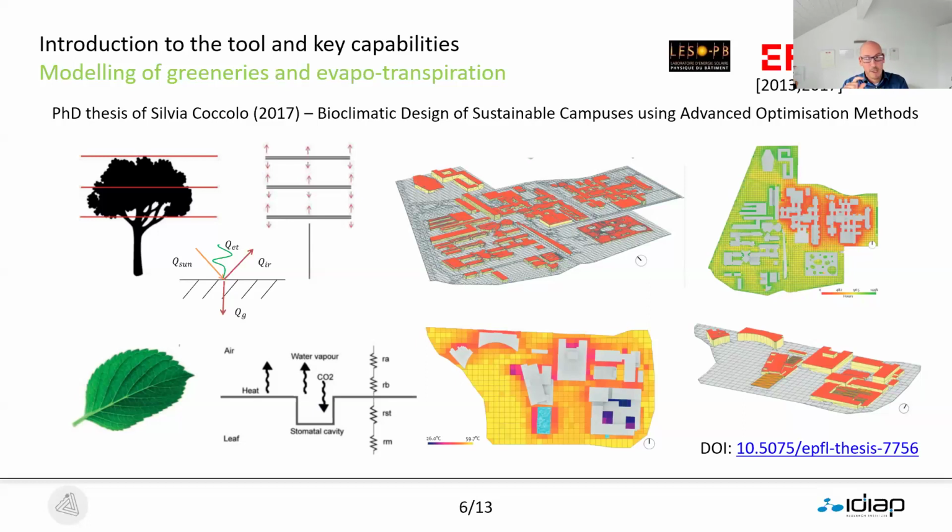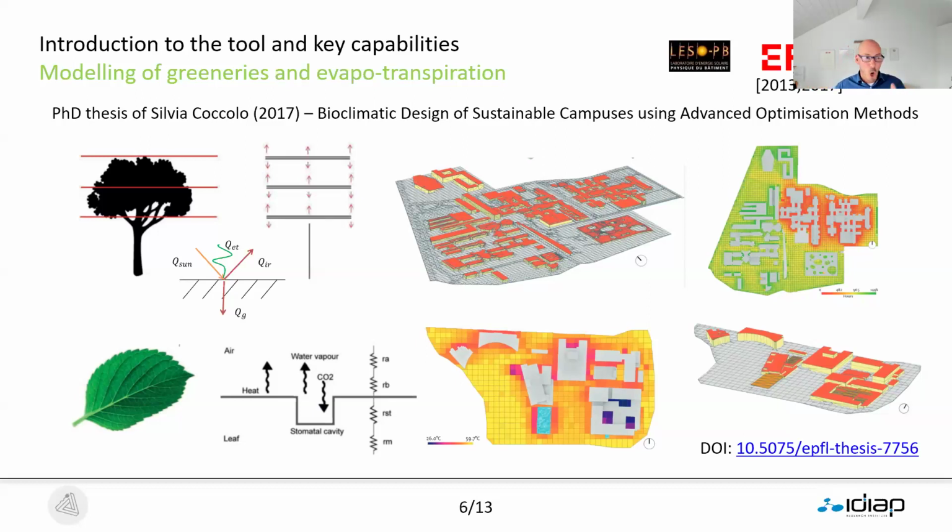The first one is the Confa star for moderate climates that we computed for the EPFL campus. And so we were able to do maps of comfort and know how many, for example, hours of the year you can be comfortable in a specific location.